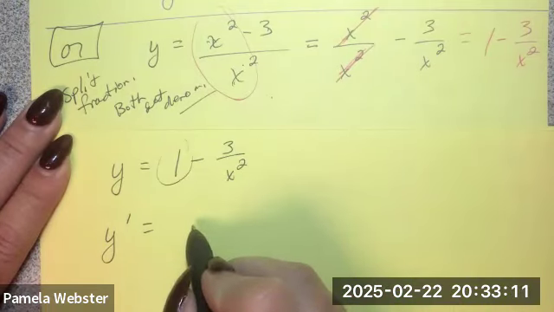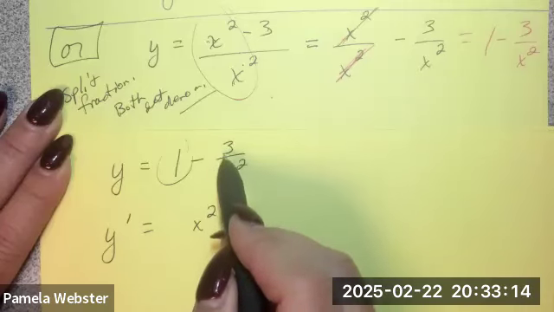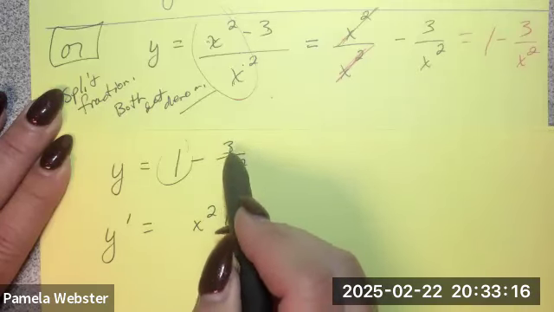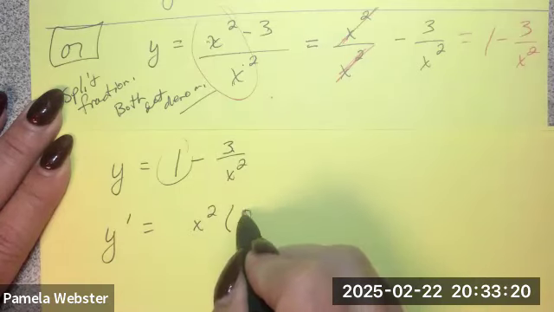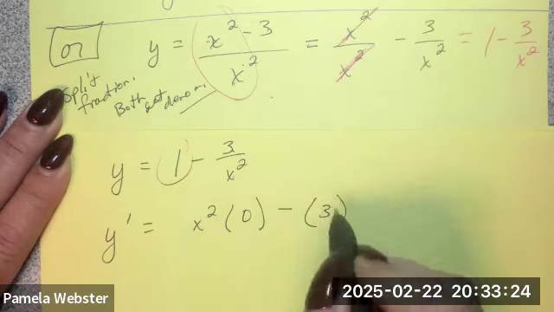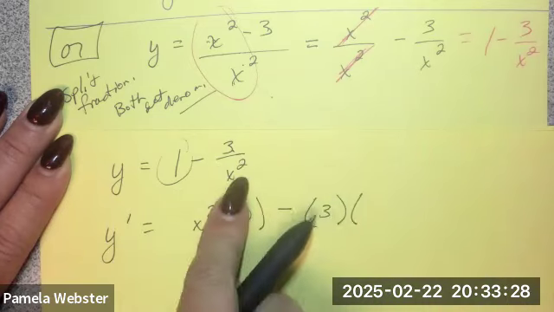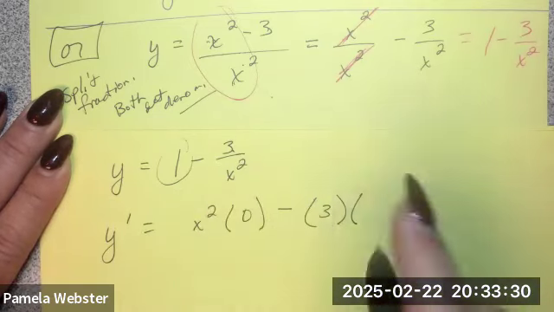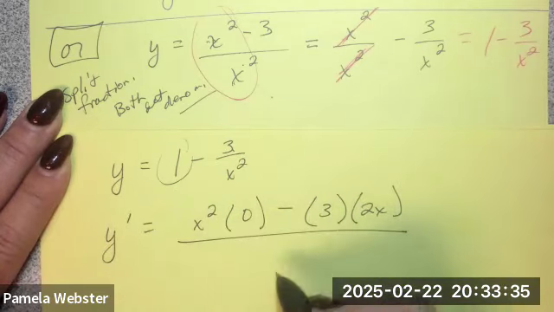So it's the bottom times the derivative of the top. Well, what's the derivative of the top? That's constant, so it's 0. Minus the top guy times the derivative of the bottom. What's the bottom guy? 2x. All over the bottom guy squared.